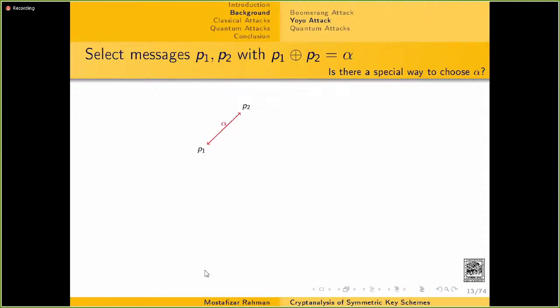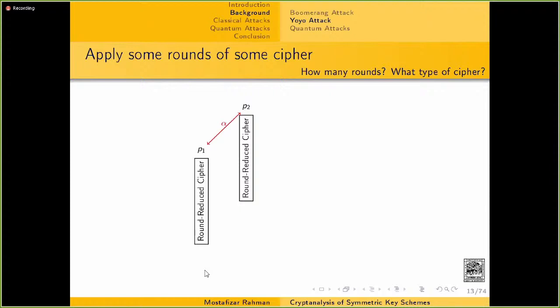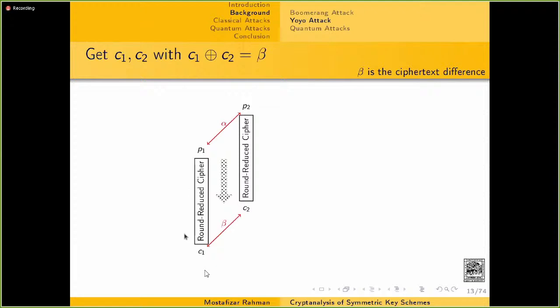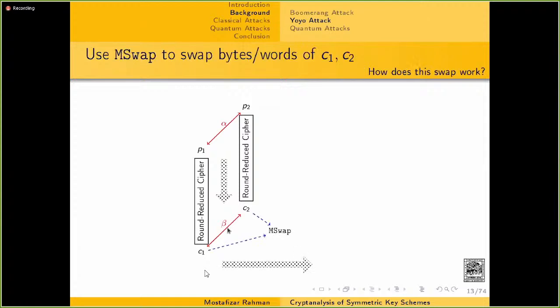Now, what happens in the yo-yo attack? Initially, we choose a pair of plaintexts P1, P2 with alpha difference. We encrypt them using some cipher, a reduced-round cipher or something. Then we obtain a pair of ciphertexts C1 and C2 with, suppose, beta difference. Now we apply a special operation, that is M swap.